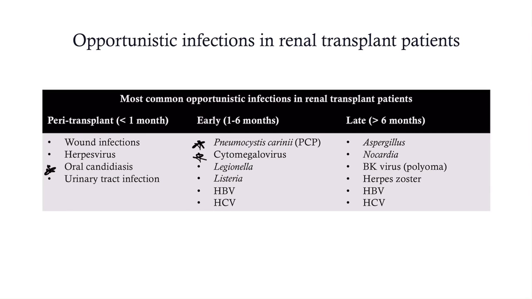So there's quite a bit of overlap, let's just put it this way. And the reason that there's overlap is because we're going after the T cells, and that is the same cells that the HIV virus goes after. So you see quite a bit of overlap. You don't need to memorize this in terms of less than a month, 1 to 6 months, more than 6 months. As long as you know how these syndromes manifest, you will be good.